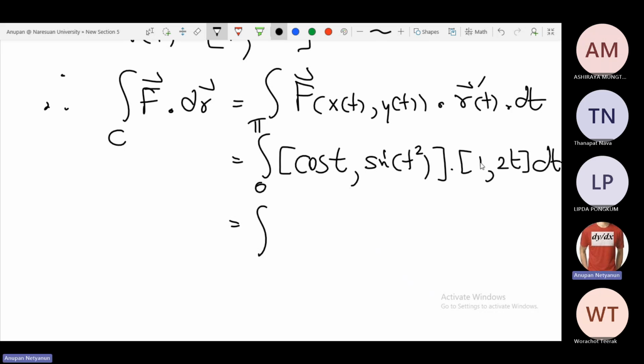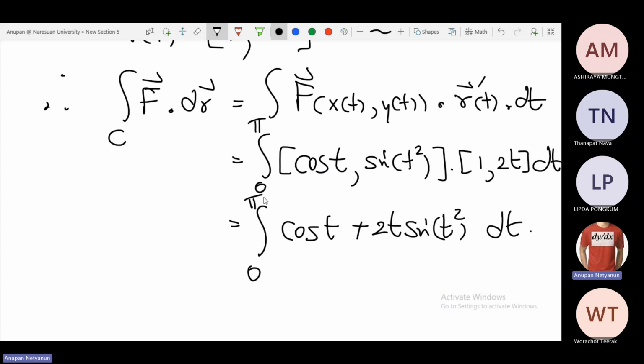And you do the dot product. So cosine t times 1 is cosine t, and sine t squared times 2t. So you have 2t sine t squared. And then you add them together, dt, and the running number is from 0 to pi. I'll let you do this integration.